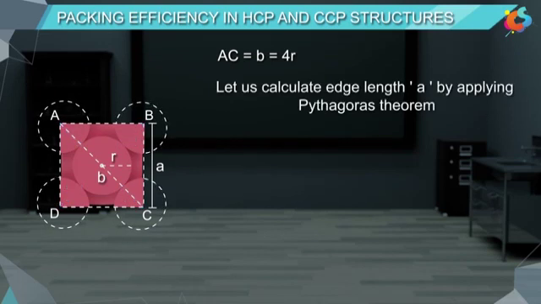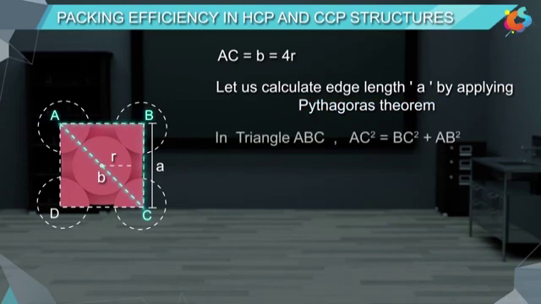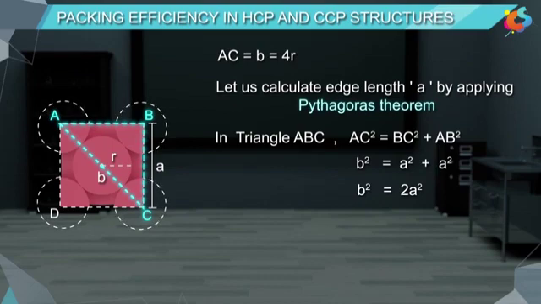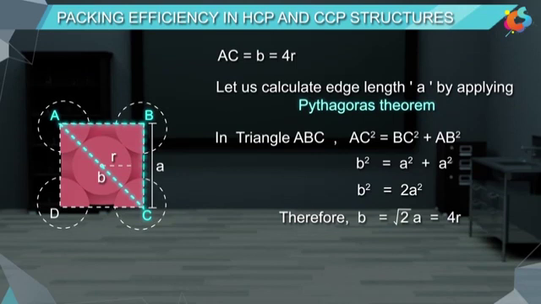Now, let us calculate edge length a by applying Pythagoras theorem. In triangle ABC, AC square is equal to BC square plus AB square. b square is equal to a square plus a square. b square is equal to 2a square. Therefore, b is equal to square root 2a is equal to 4r.